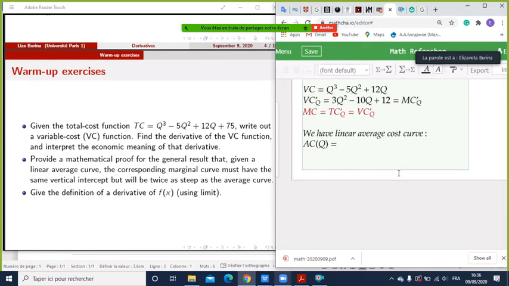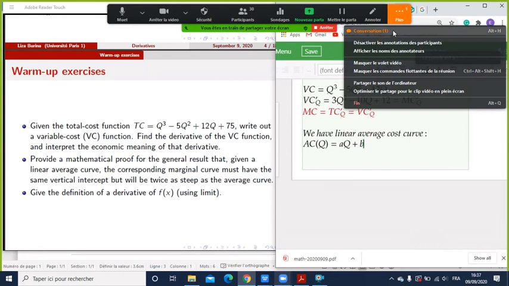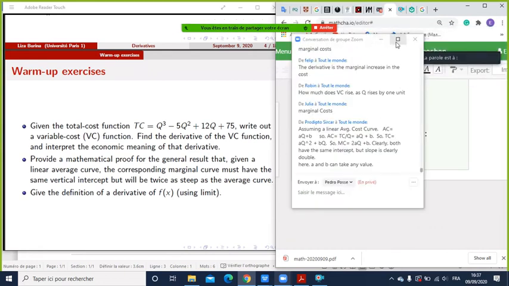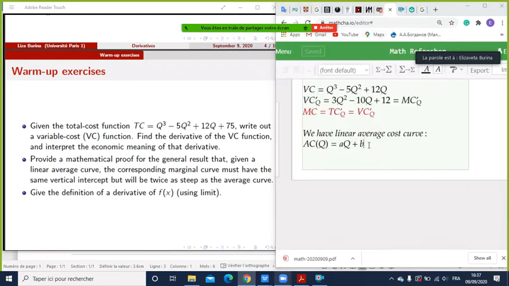Let's call it AQ plus B, right? Whichever coefficients. Yeah, A and B can take any value. Absolutely. So we're taking A and B as letters just because we don't want to stick to any particular example. I could say, let's take a very special case where the average curve function looks like 2Q plus 3. I could, but let's stick to letters.